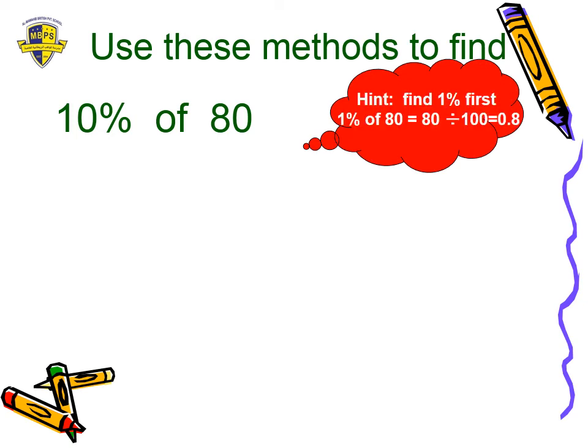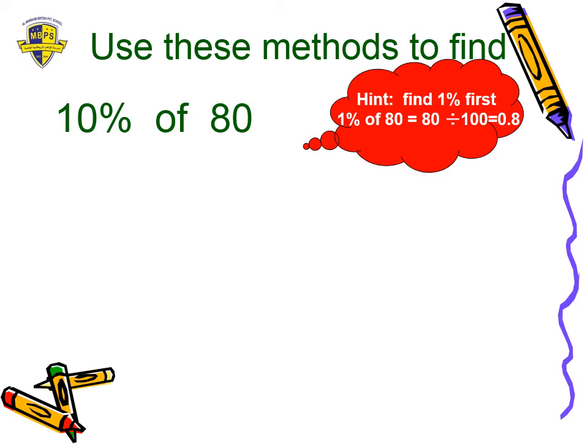See, in this case we say cancel 0 from 80 with 0 from 10. So this is now 8 divide 10. 8 divide 10, it's 8/10. Now this is 1% of 80. We want 10% of 80.